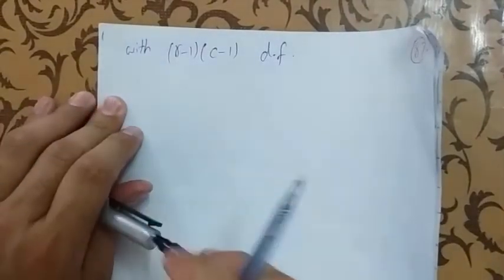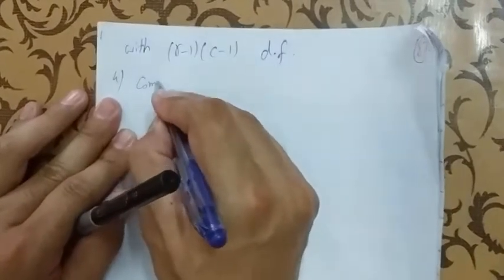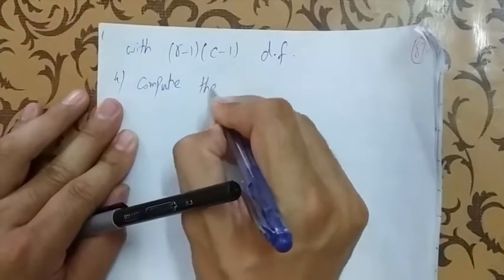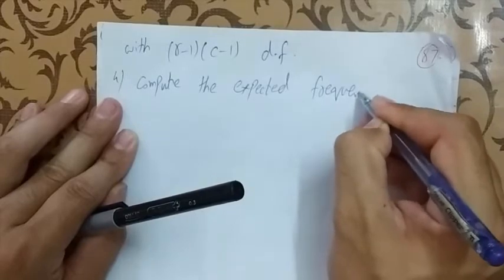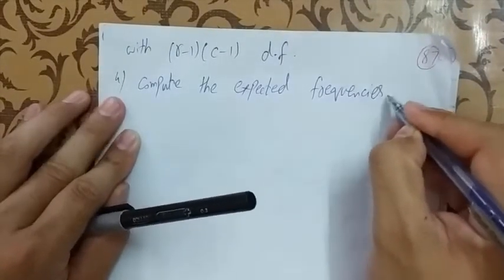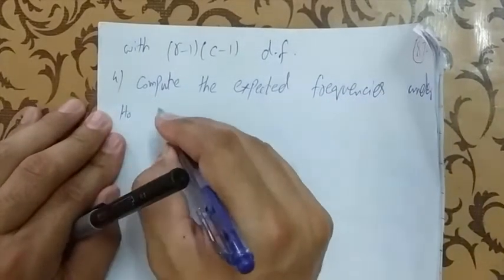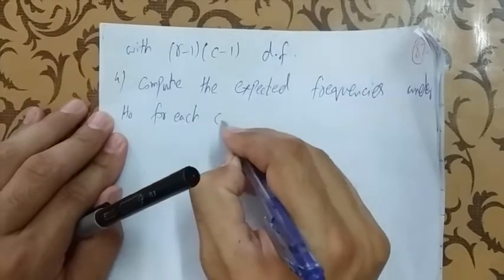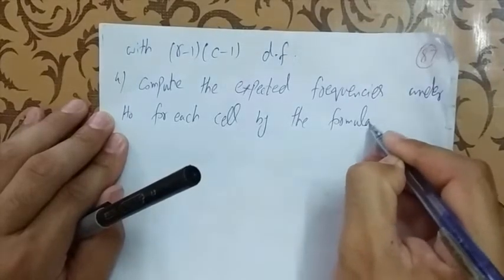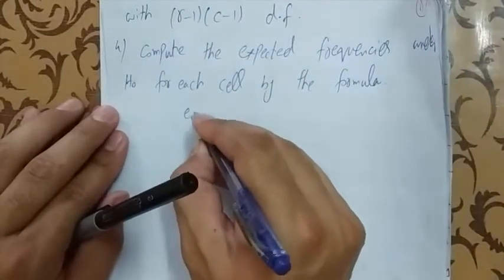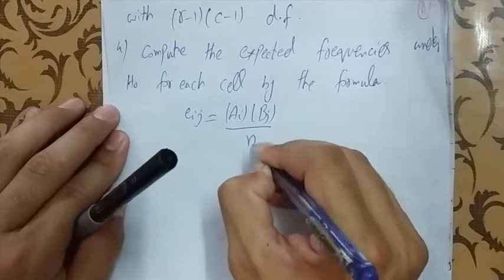In the fourth step, dear students, compute the expected frequencies under H naught for each cell by the formula Eij equal to Ai times Bj divided by small n.